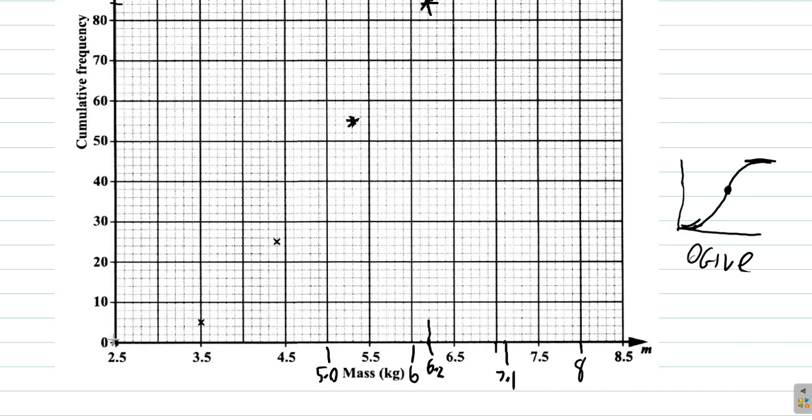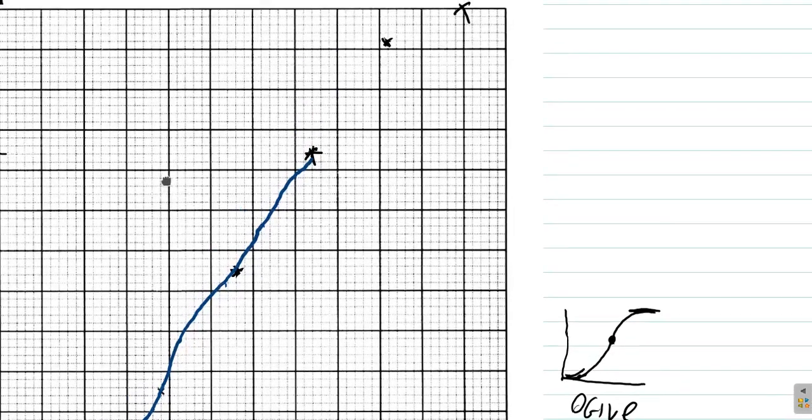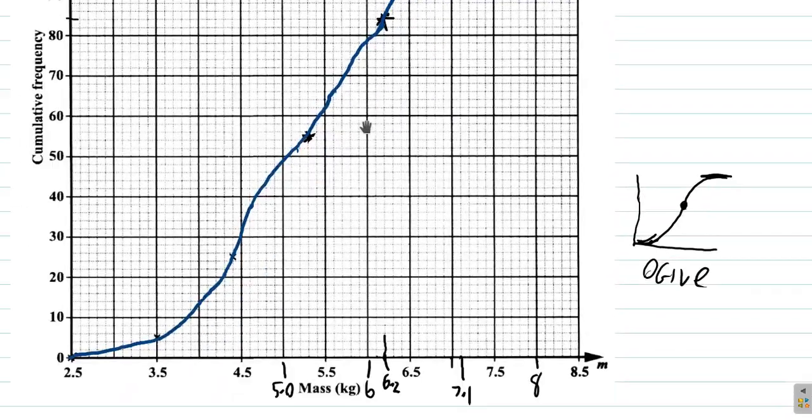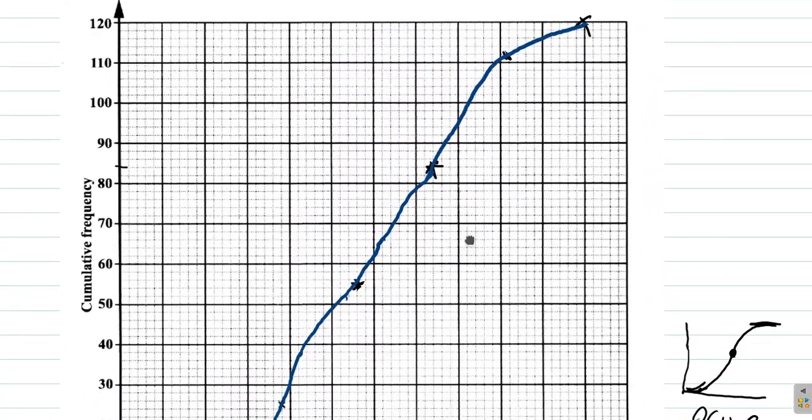So following this curve, I'm just doing my best here. My cumulative frequency curve goes up through this point and up to this other point and turns this way. Anyway, that's my cumulative frequency curve.